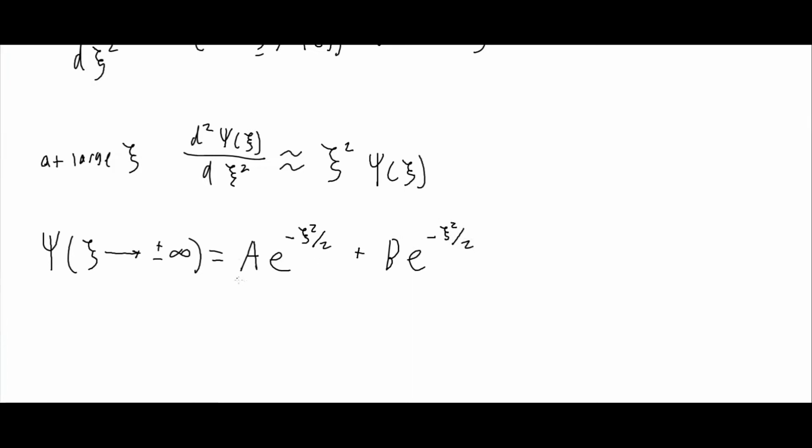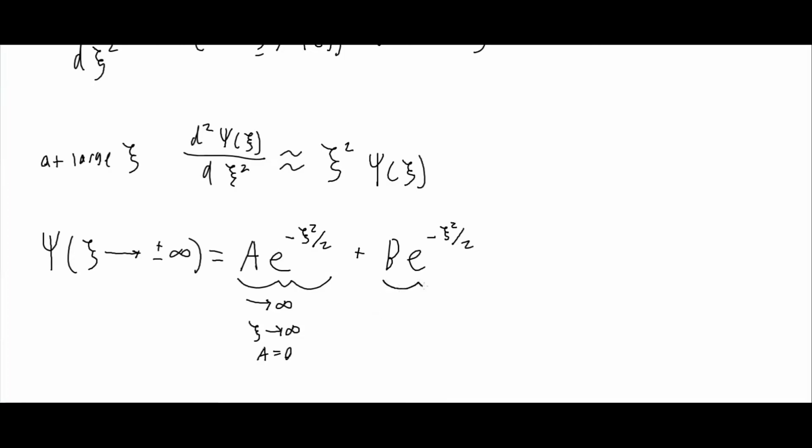And so this part here will go to infinity as xi goes to infinity. And so we just set a equal to 0 as one of our boundary conditions there.